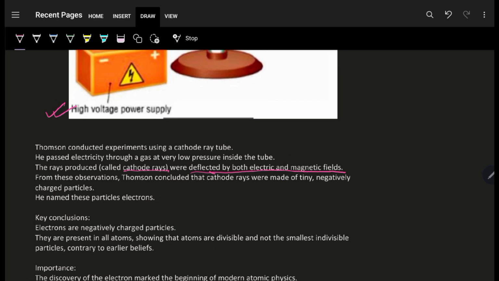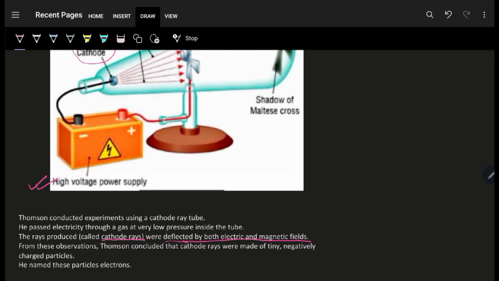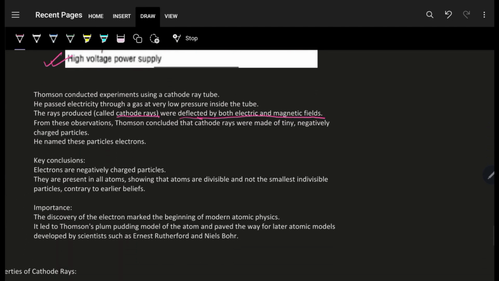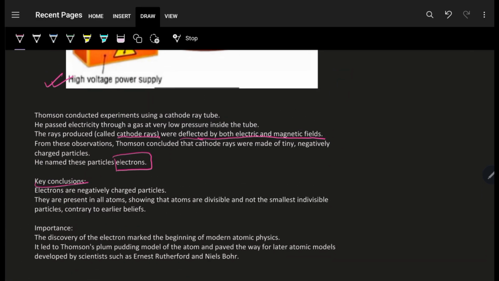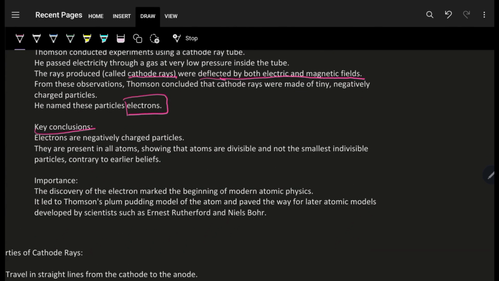That is, the experiment proves that cathode rays are made up of negatively charged particles, and these particles were named as electrons. So what is the key conclusion of this experiment? Electrons were discovered.